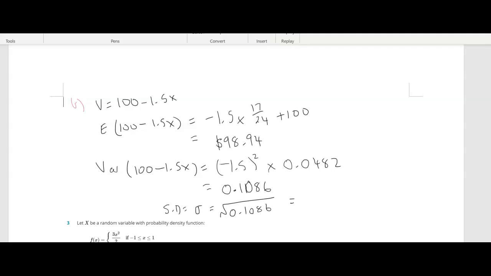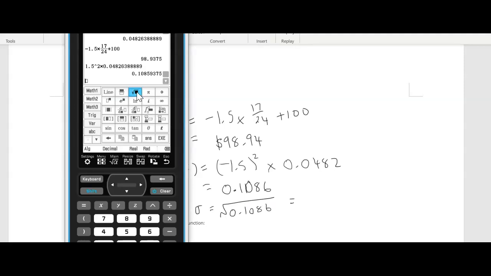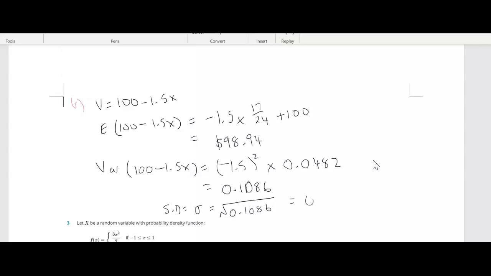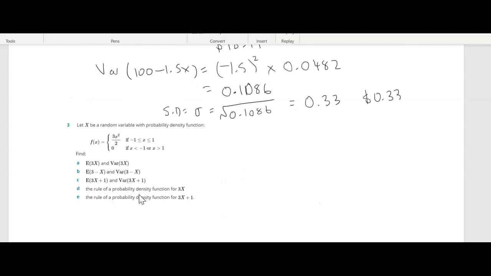All right, we can just do that on the calculator. So the square root, and I'm just going to drag that down. So 0.33. And remember, we're looking at value, so it's going to be $0.33.